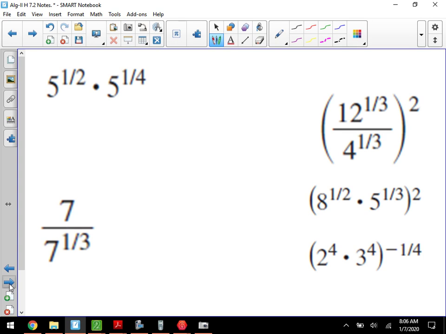Do they have the same base? Yes. 5 is the base. Their exponents are different, but we're multiplying, which means I have to add the exponents. It means you got to get the common denominator. What's the common denominator between a 2 and a 4? 4. Okay. So this is the same thing as saying 5 to the 2/4 times 5 to the 1/4, which gives you, there you go.